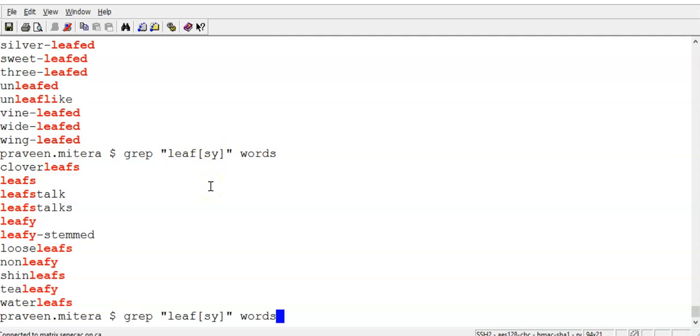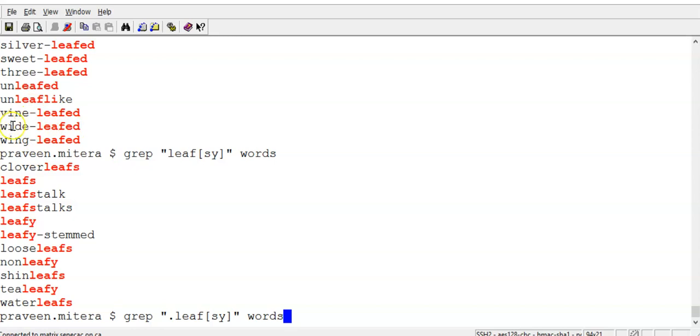If I change this, and if I actually put a dot before that, now what I'm saying is before LEAF, it must have 1 character. So in other words, this is no longer going to qualify, because here LEAF is at the start of the line, right? There's no other character before that. So by putting a dot here, these will still qualify because there's at least one more character before LEAF.